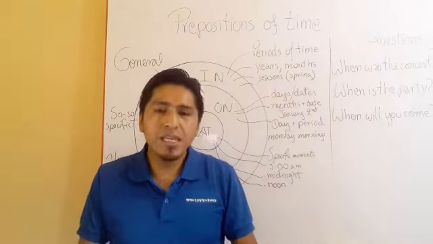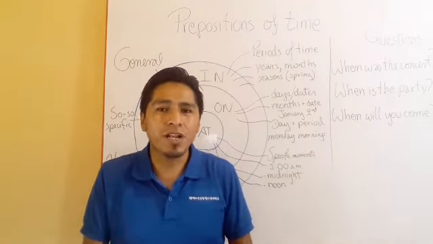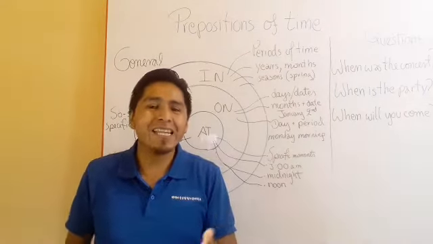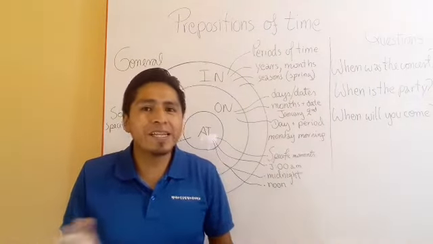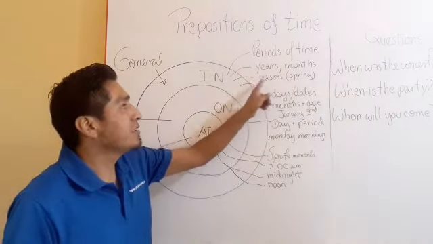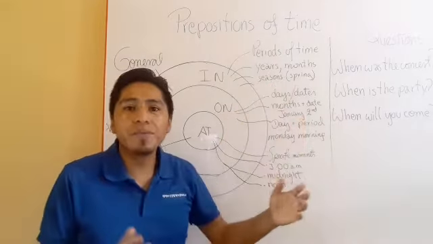Period. In November, when we express November, it's still general, because November has 30 days, and my friend, it is not that specific. So we use in when we talk about years, months, or even periods of time.